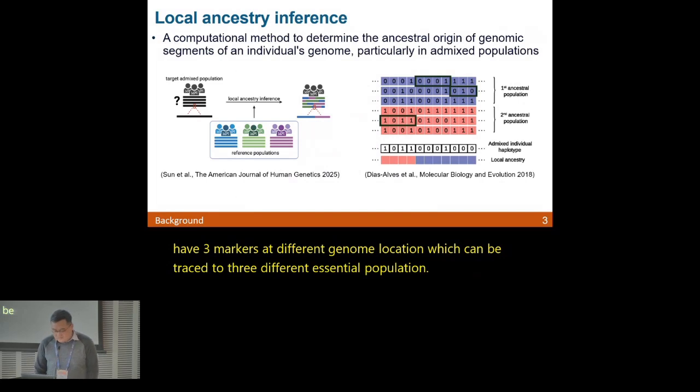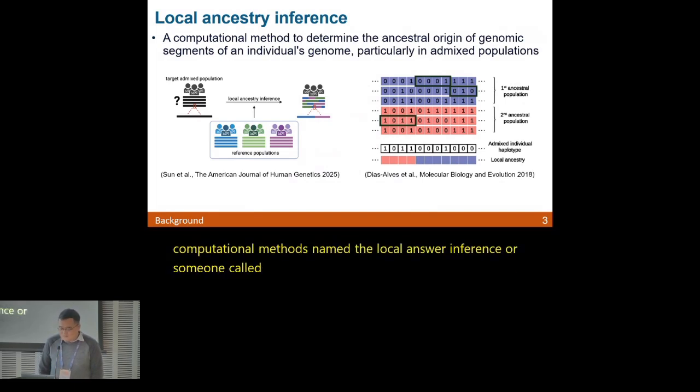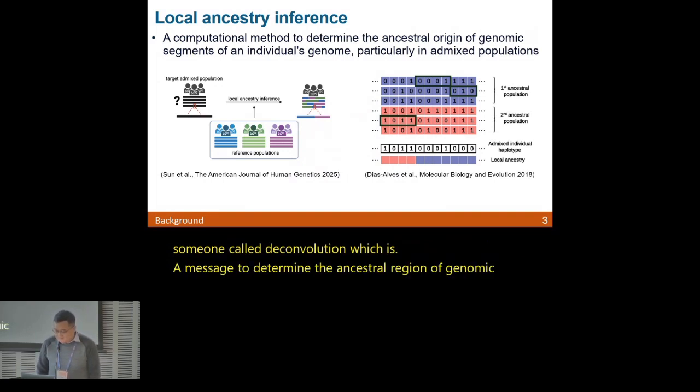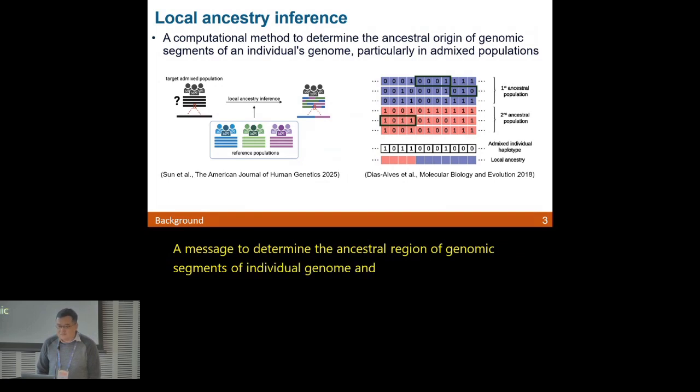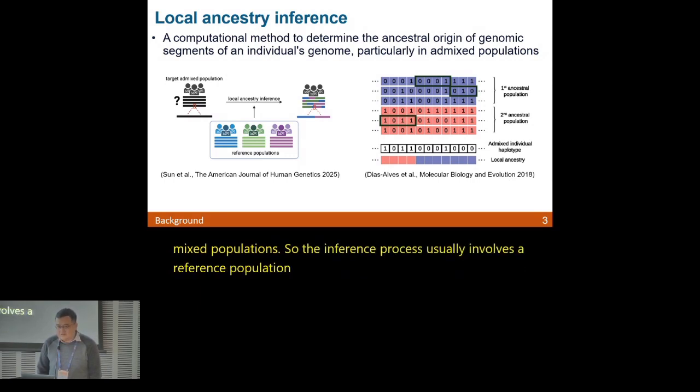In order to get the local ancestry segments, there is a computational method named local ancestry inference, or sometimes called deconvolution, which determines the ancestral origin of genomic segments of an individual genome, and is particularly used for mixed populations. The inference process usually involves a reference population panel, which serves as a proxy of the ancestral population.